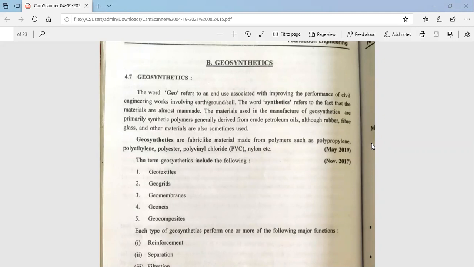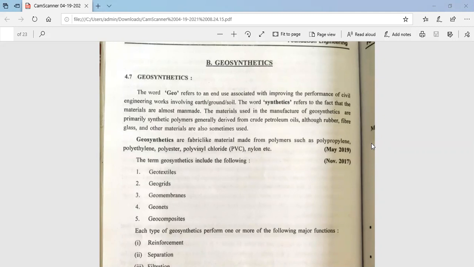So these geosynthetics are fabric-like materials made from polymers such as polypropylene, polyethylene, polyester, polyvinyl chloride, which is known as PVC, and nylon, etc.